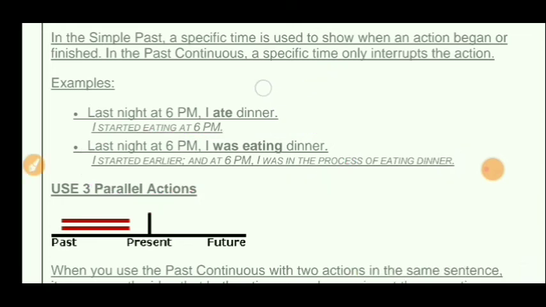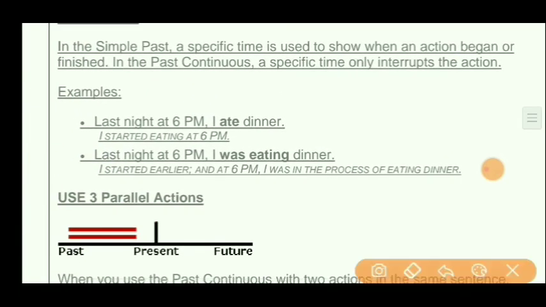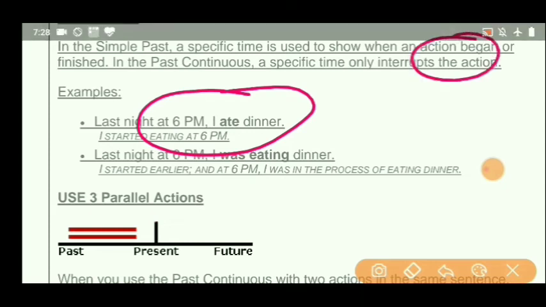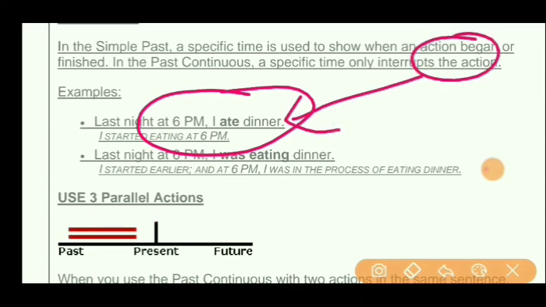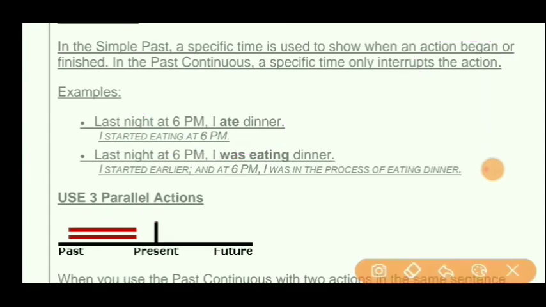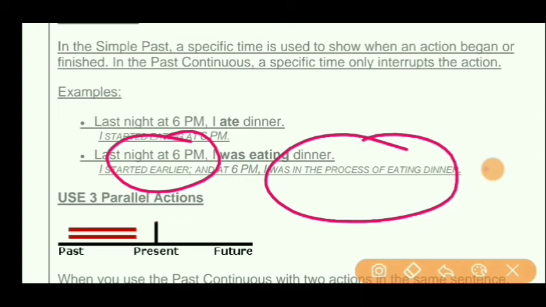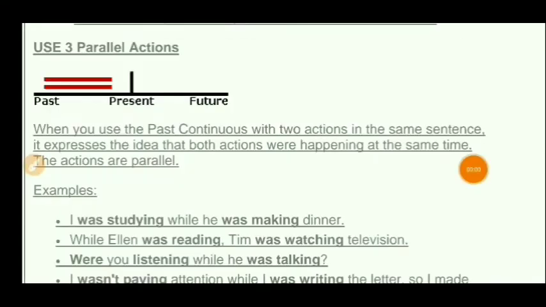At 6 p.m. I ate dinner, or I started eating at 6 p.m.: the fixed time, the action began at 6 p.m. But here, at 6 p.m. the action was in progress. I was in the process of eating dinner. So this is the other point.